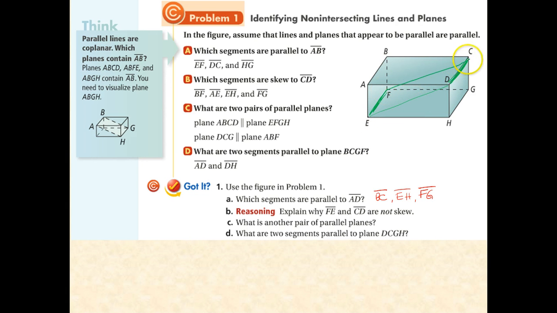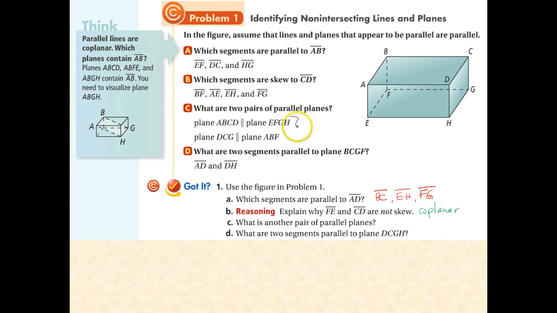They go through this diagonal plane, plane CDEF. That is why they are not skew, because skew lines have to be non-coplanar and non-intersecting, and they are coplanar. Don't be a coplanar.